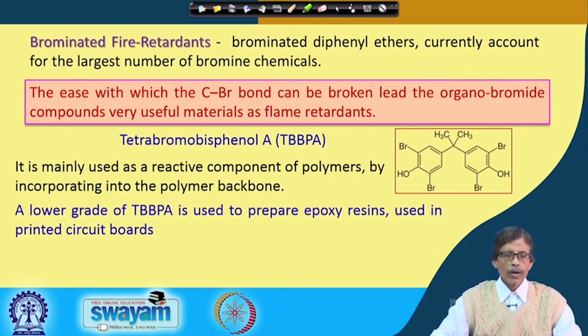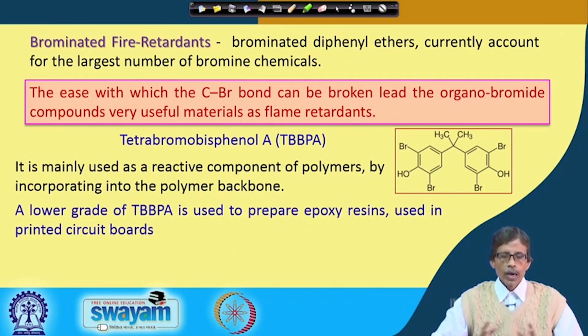So, the lower grade of this TBBPA, which is not highly pure, but the cost of production is less, can be very useful in preparing epoxy resins. So, it is not a simple type of polymer, but making of epoxy resin is useful, and in the electronics industry it is used in the PCBs, the printed circuit boards.